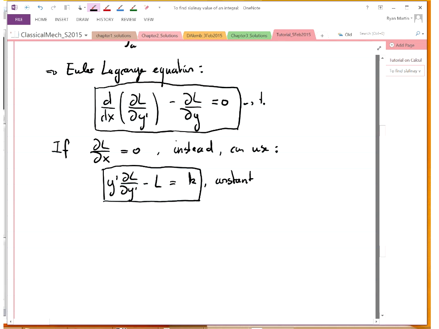So typically this would be a second order differential equation. Whereas this would be typically a first order differential equation.